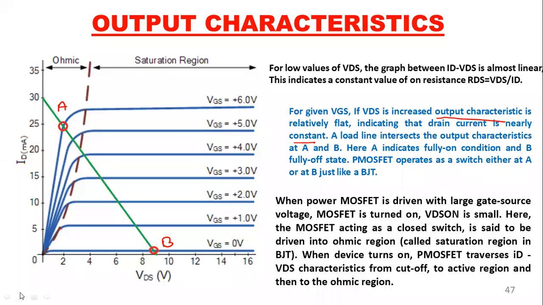So it goes from cutoff to active region and then again to the ohmic region. That is the saturation region and the ohmic region.